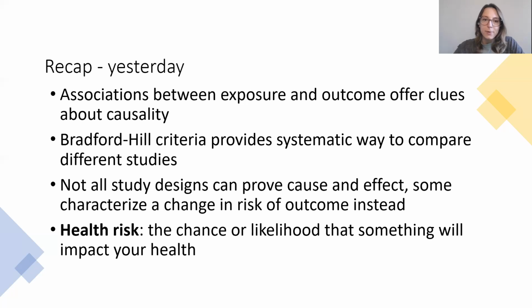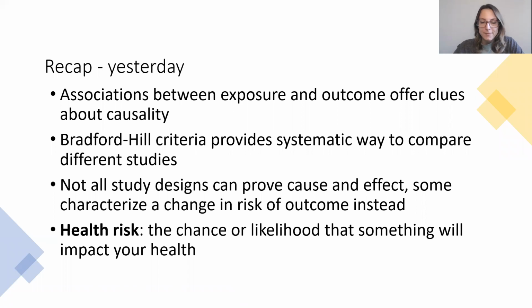We talked about the Bradford-Hill criteria and how it provides a systematic way to compare different study designs, or how those designs talk about the associations they find in the studies.